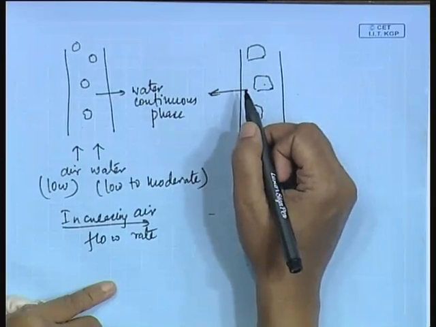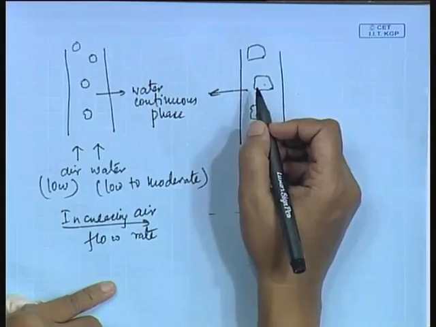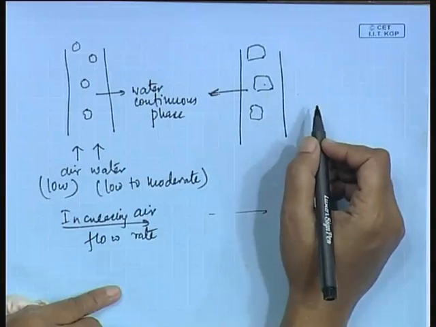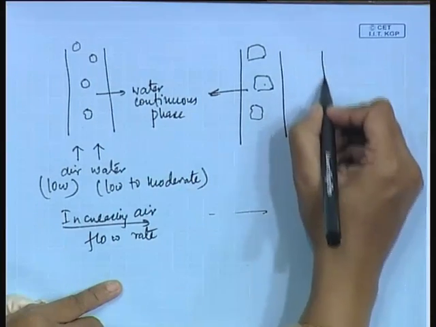It is simply the water flowing as a continuous phase, and the gas phase or the air phase is dispersed uniformly as discrete bubbles in the continuous water phase, where these discrete bubbles may be spherical, they may be non-spherical, they may be oblate spheroidal, ellipsoidal, cap shaped, and so on and so forth. Now, as we keep on increasing the air flow rate further, what we find?